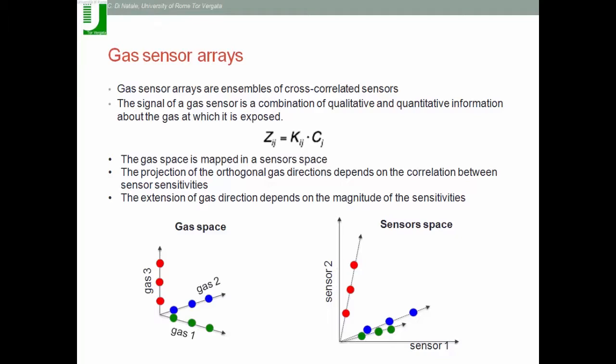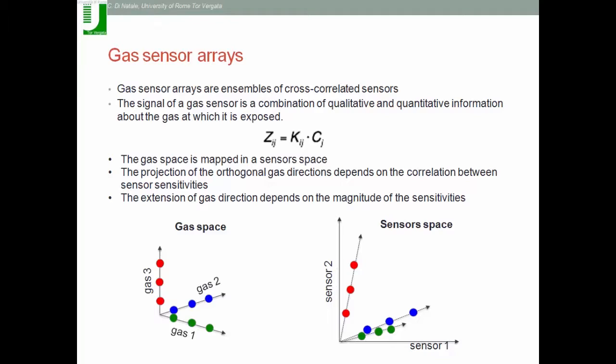And this is the big problem when people try to develop selective sensors for something occurring at a very low concentration, because in the air there are a lot of other compounds at high concentration. Anyway, when we take a measurement of different gases with an array, we have the space of the gases, so we have gas 1, gas 2, gas 3, and when we take into consideration the sensor space, we see that the data are usually arranged in this way according to the mutual sensitivity.